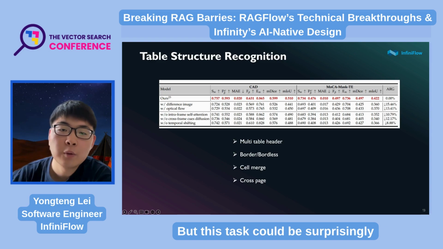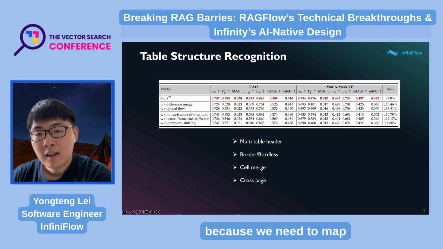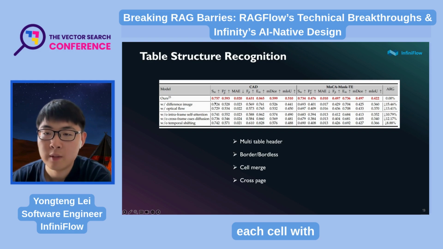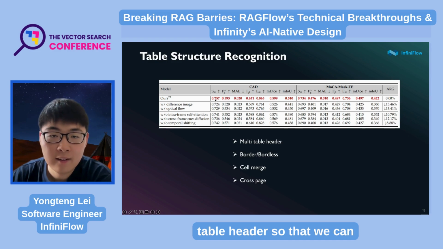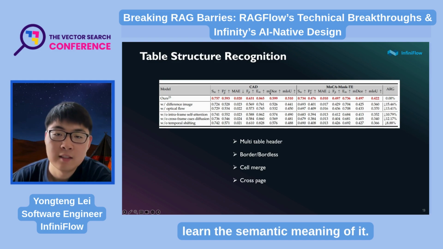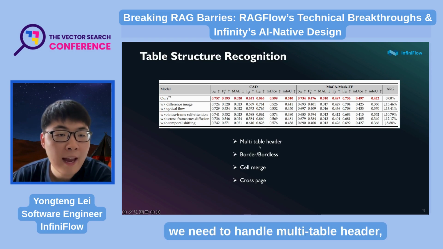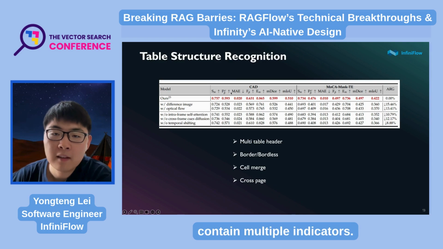But this task could be surprisingly challenging sometimes, because we need to map each cell with its corresponding table header so that we can learn the semantic meaning of it. Also, we need to handle multi-table headers, where a single header here might contain multiple indicators.